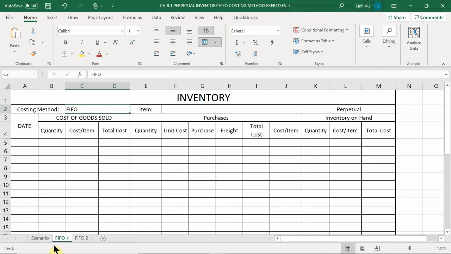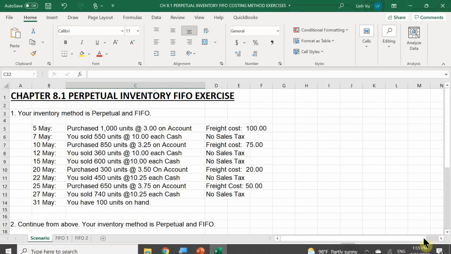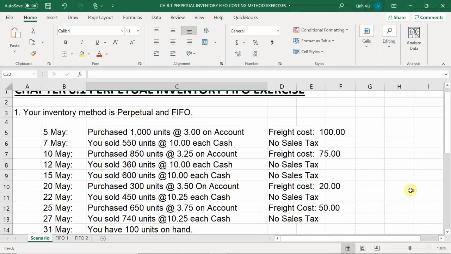So let's go ahead and do the first problem. Scenario number 1, this is the 8.1 perpetual inventory FIFO method. Your inventory method is perpetual and it's FIFO, okay? Starting with the very first thing, let me make this a little bigger so you guys can see.